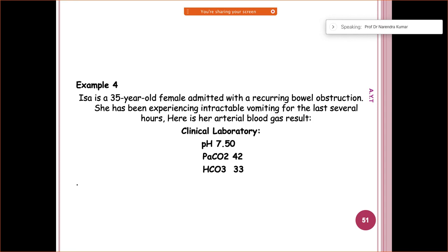Calculate the pH. It is simple. Use your pen and paper. Let's see others.